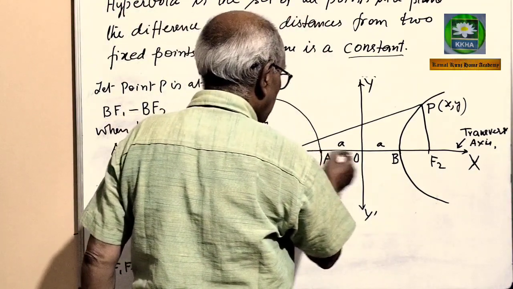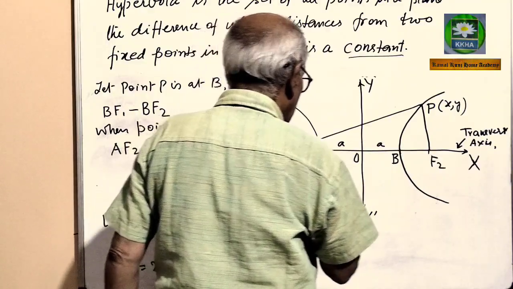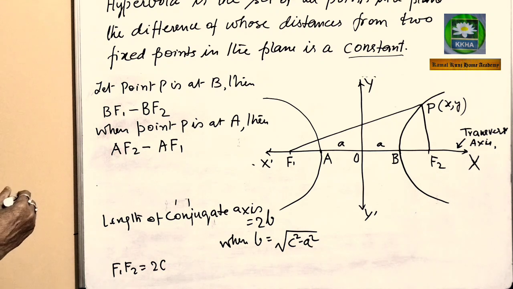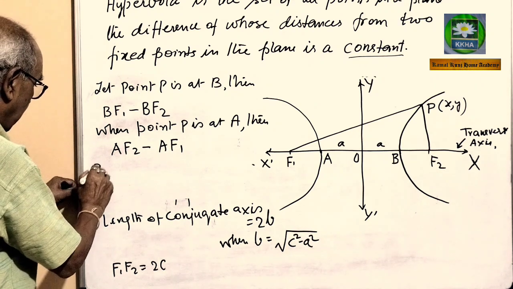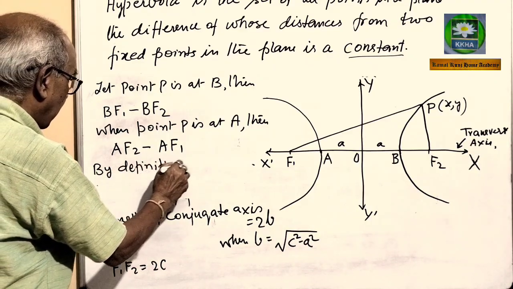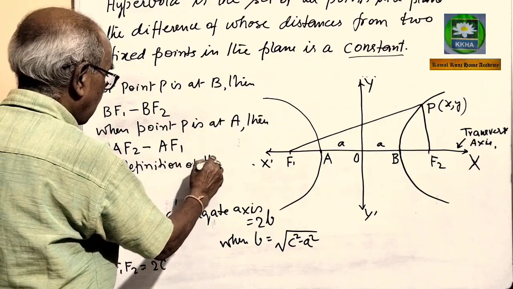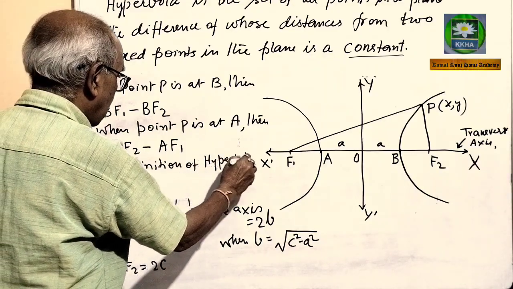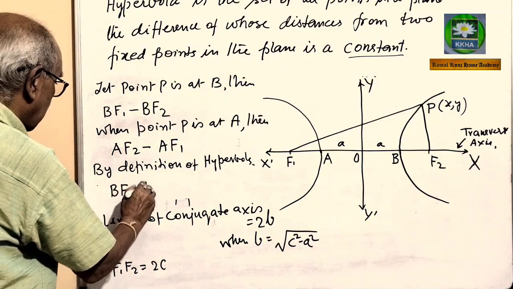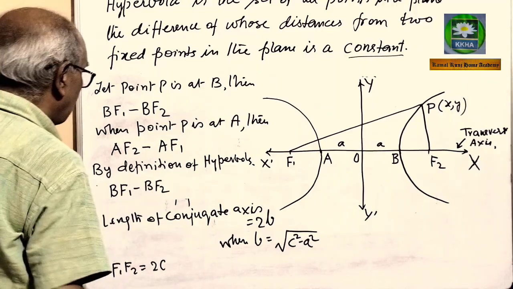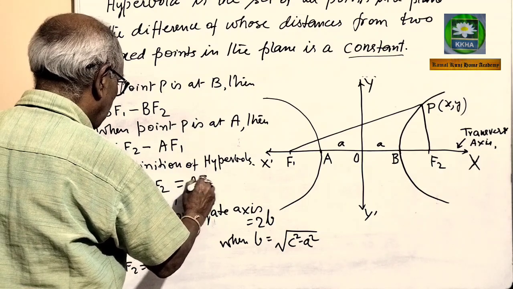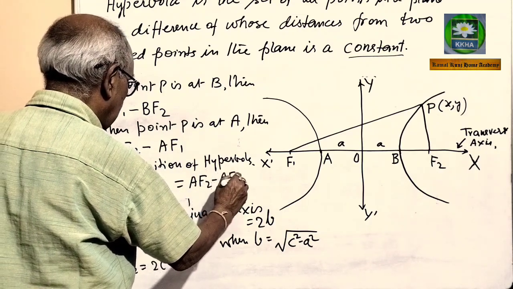So these two differences, by the definition of hyperbola, should be equal. By the definition of hyperbola, BF1 minus BF2 should be equal to AF2 minus AF1.